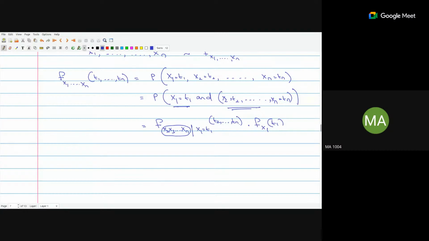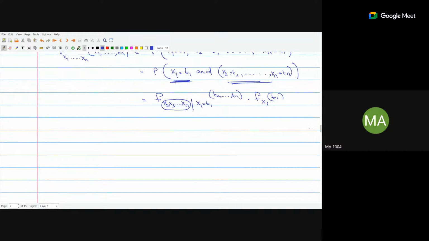So split the n random variables into 1 random variable and n minus 1 random variables; the n minus 1 random variables have a joint distribution, and X1 is another random variable. Now you have a joint between 2 things, so you can write it as the conditional of one thing given the other times the marginal of the other thing.